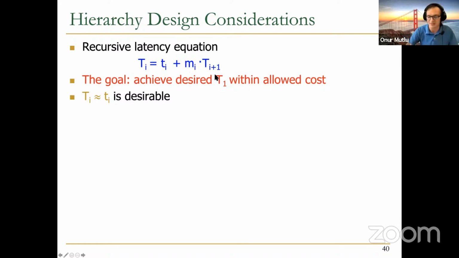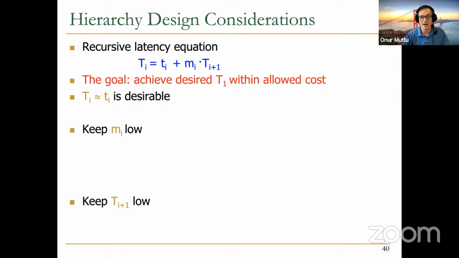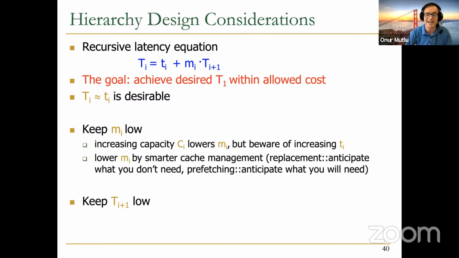But it's not always possible, clearly, right? How do you make it possible? You try to keep the miss rate from a given level low, or you try to keep the perceived access latency of the next level low. And these are both things that you can optimize potentially in the program or in hardware. And we're going to see that. This is actually fascinating, I think, to think about it more formally like this.